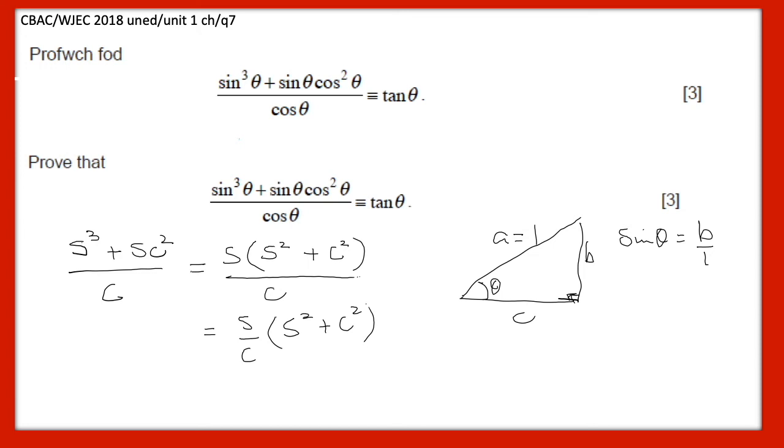And also, if I use this C side, which is my adjacent, posh word for next to, because it's next to the angle, it's not the hypotenuse, then what I'll get is that my cos of my angle theta is equal to my adjacent side over my hypotenuse. So I've now got that these two signs here, I'm going to change sign, like a little bit of red coming in here.